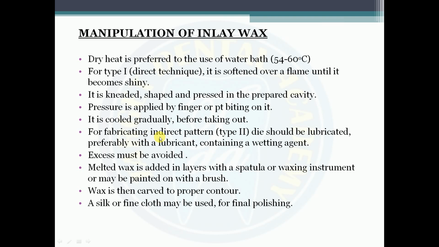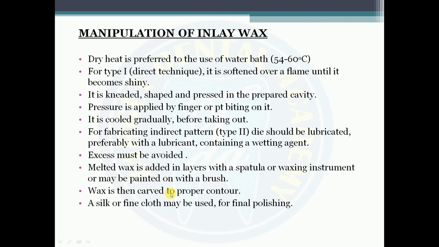For fabricating the indirect pattern for type 2, the die should be lubricated, preferably with a lubricant containing a wetting agent. Excess must be avoided. Melted wax is added in layers with a spatula or the waxing instrument, or may be painted on with a brush.